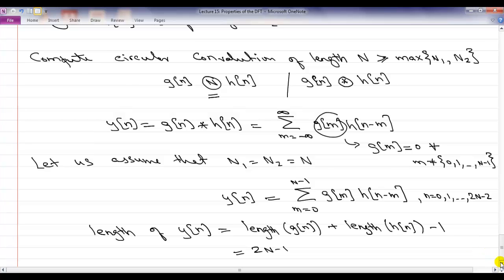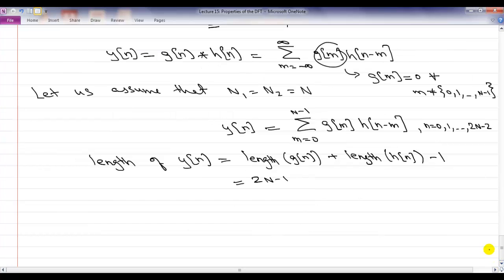So in the DTFT world, we know the relationship between the linear convolution and the discrete time Fourier transform of the sequences.